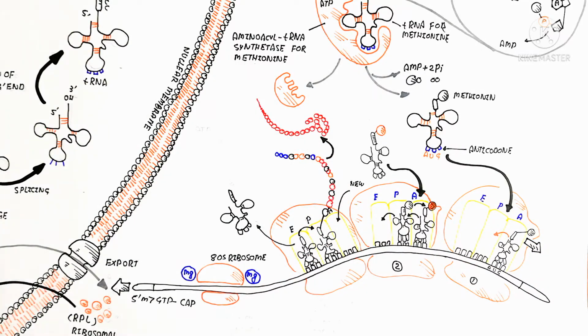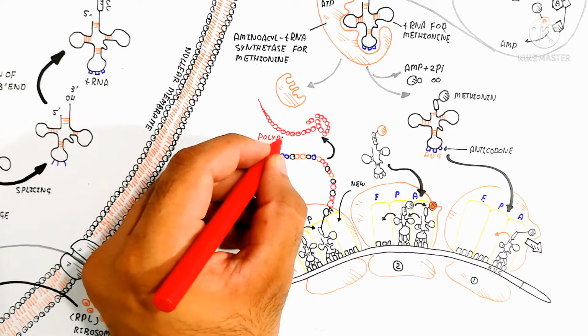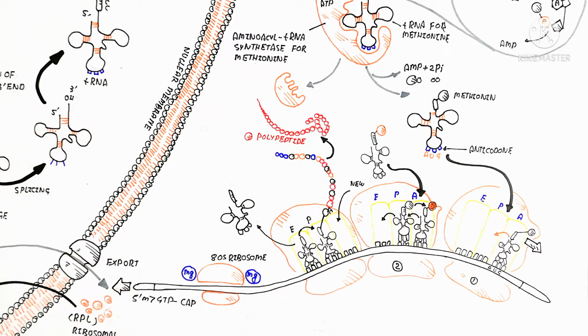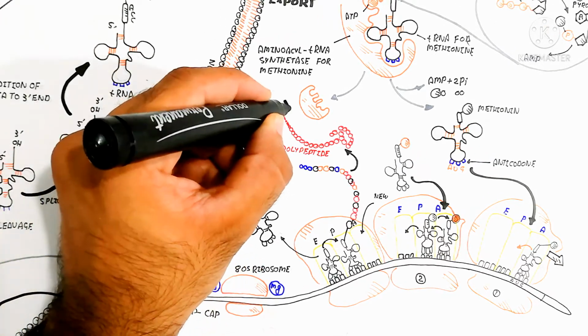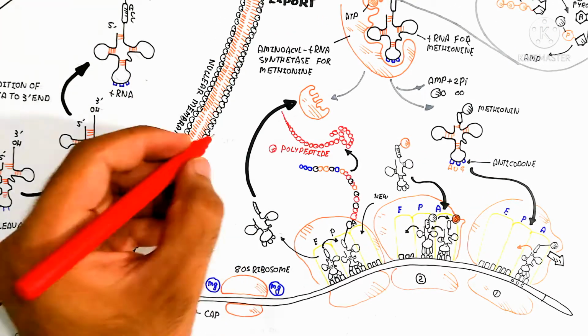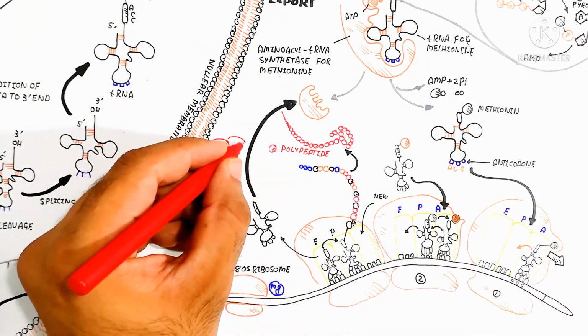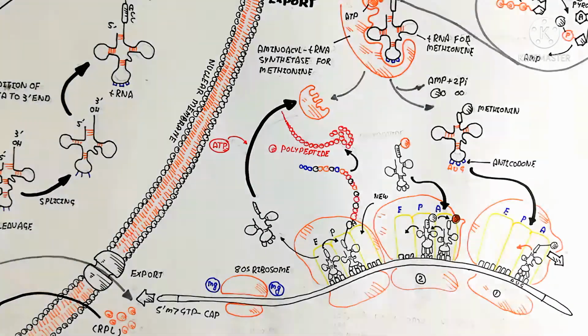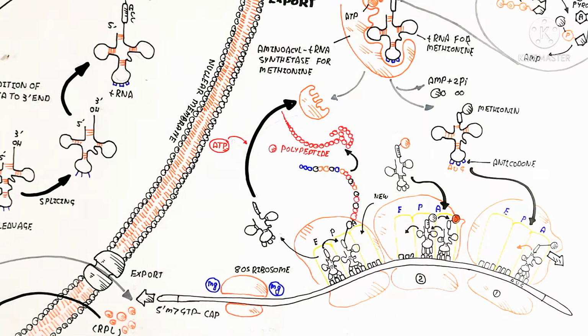And the polypeptide will be synthesized. The synthesis of the polypeptide is basically due to the P site, and the A site is the addition site, one added and one exit. So it means the P site remains constant and changes one by one to add more.